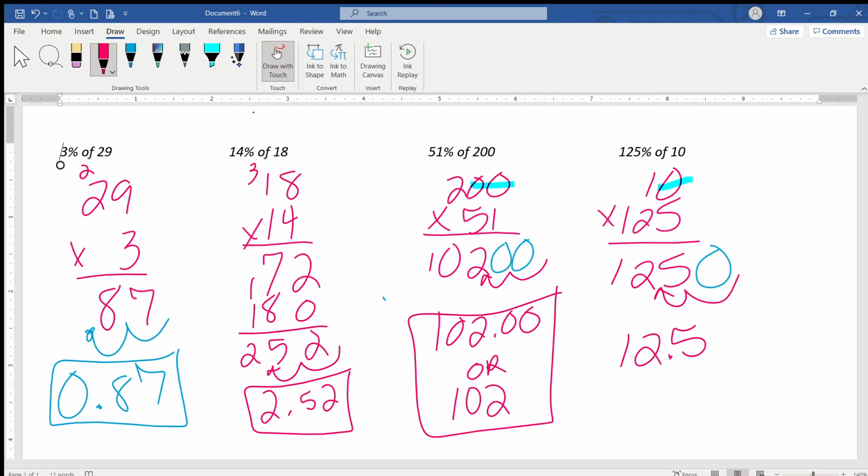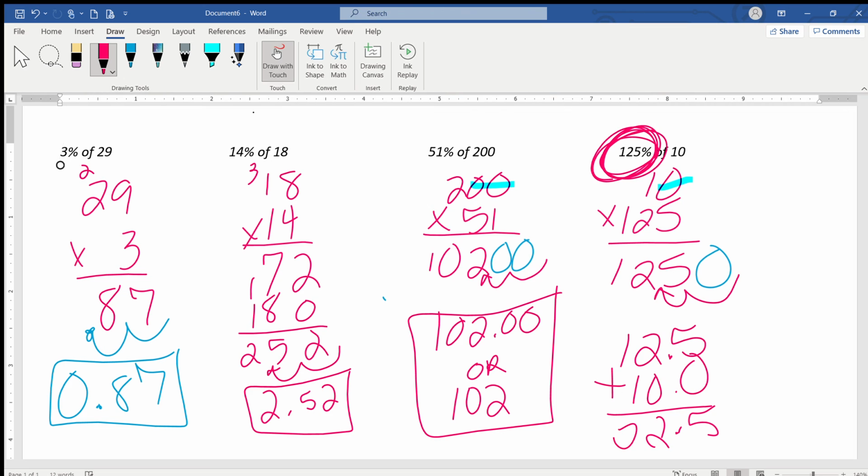So we need to add the 10 because this right here is over 100%, meaning you still have all of your original number. So you add these two and you end up with 22.5. Remember to line up your decimals.